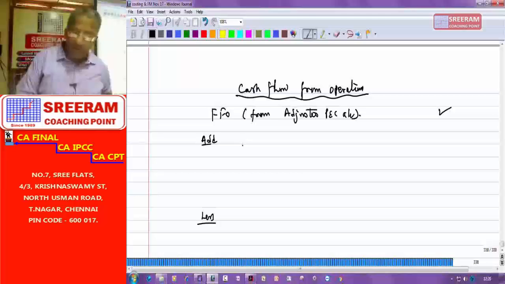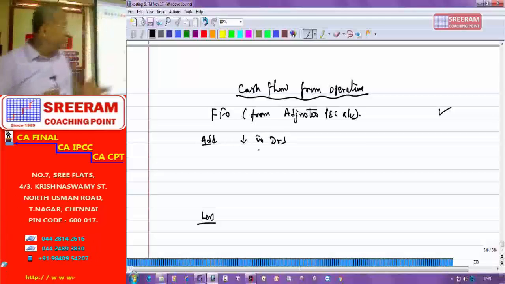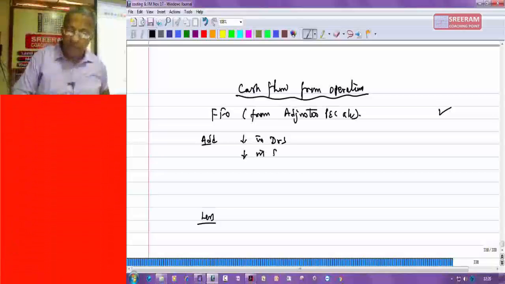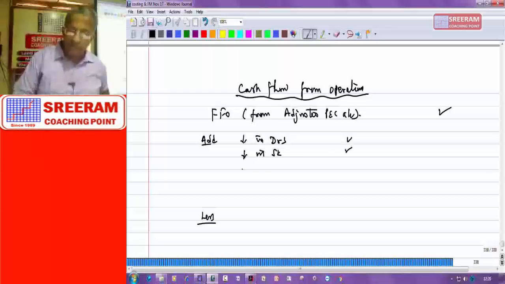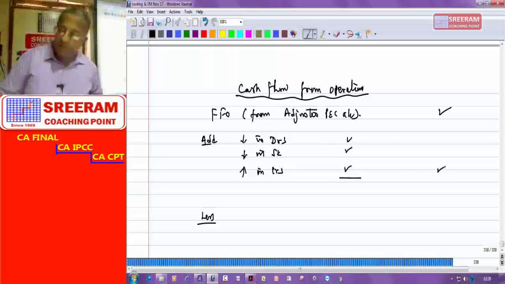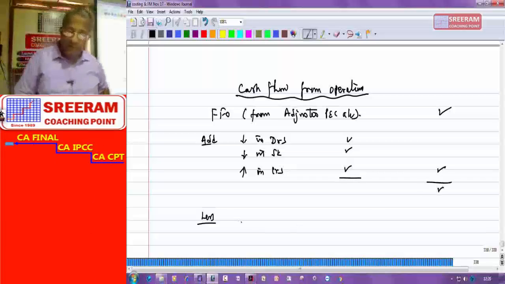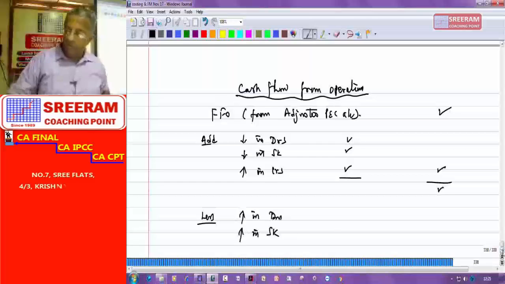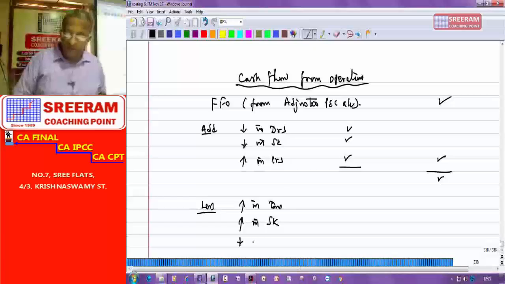What are the items that we have to add? Decrease in debtors, which will result in inflow of money. Decrease in stock. Increase in creditors. Sum up, add. Less: increase in debtors, increase in stock, then decrease in creditors.